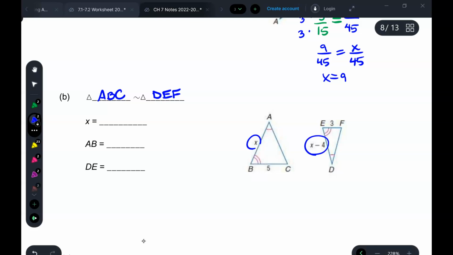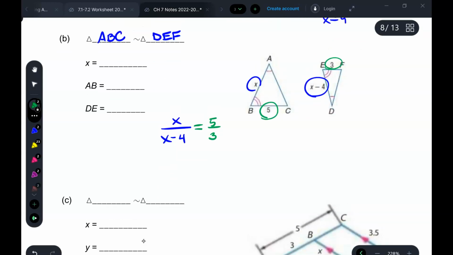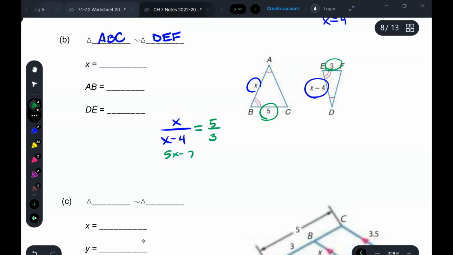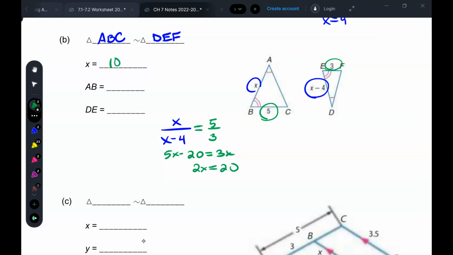Oren, you're spoiling it. 2x equals 20. Yes, we get 10. Yeah, good. So what's AB? So AB is 10. That's easy. And DE? 6. Good.